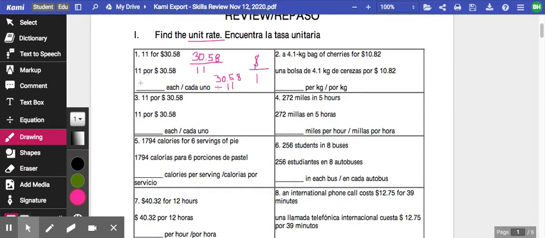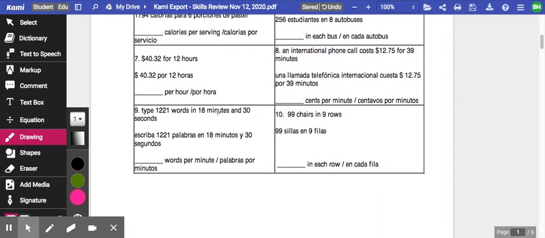And when I get that, I get $2.78. So I set it up, I showed my work, I got my answer.